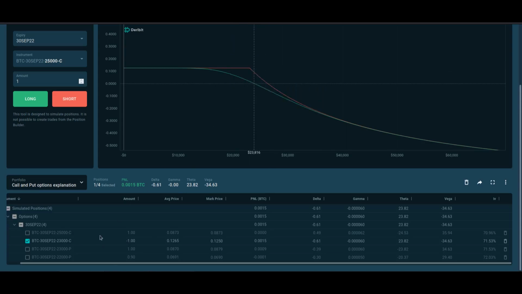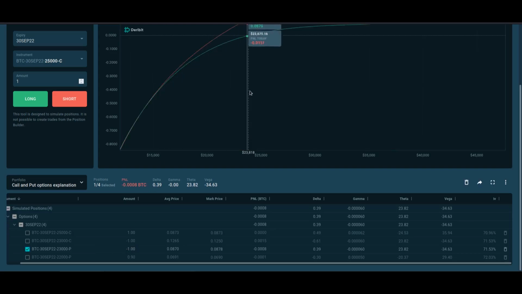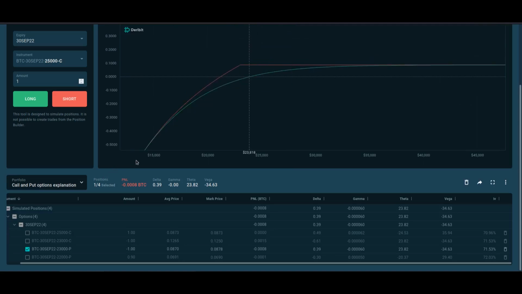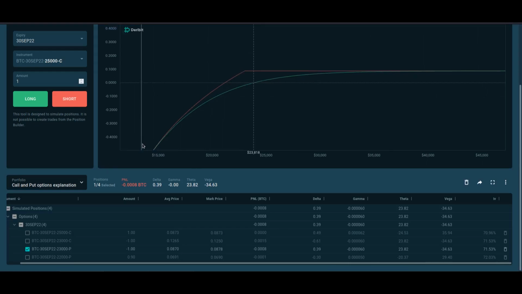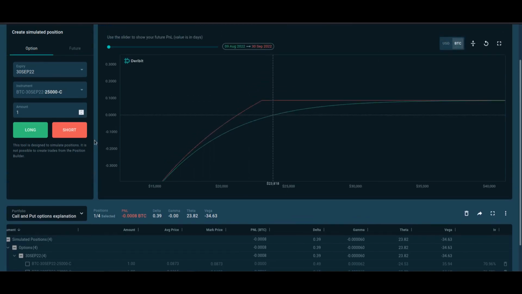And if we sell put, especially put, because Bitcoin has increasing volatility in case it drops down, it creates additional requirements on your position margin.